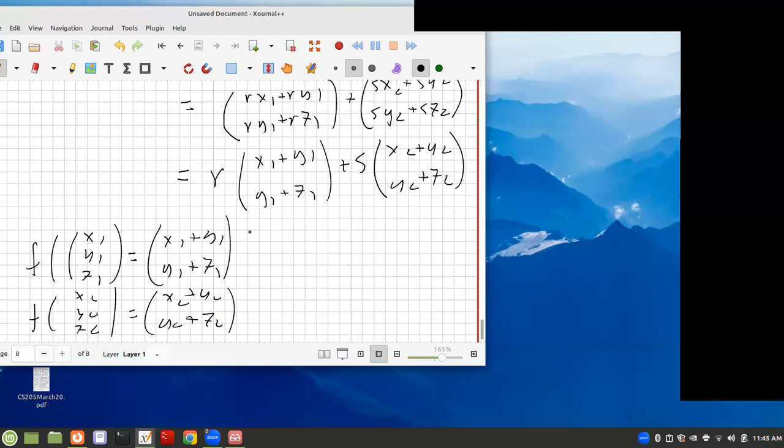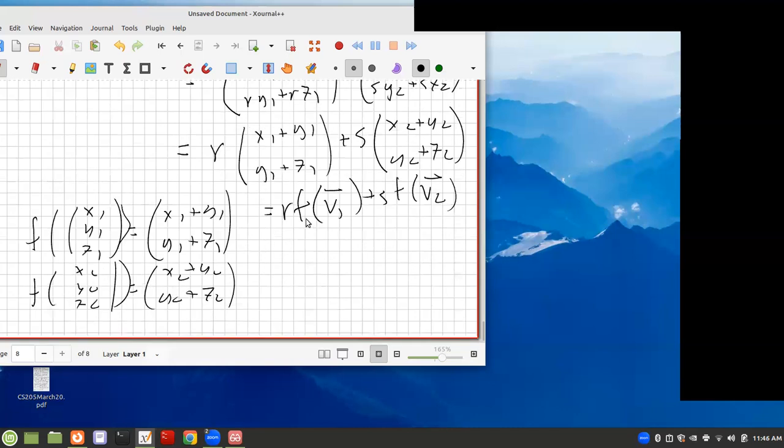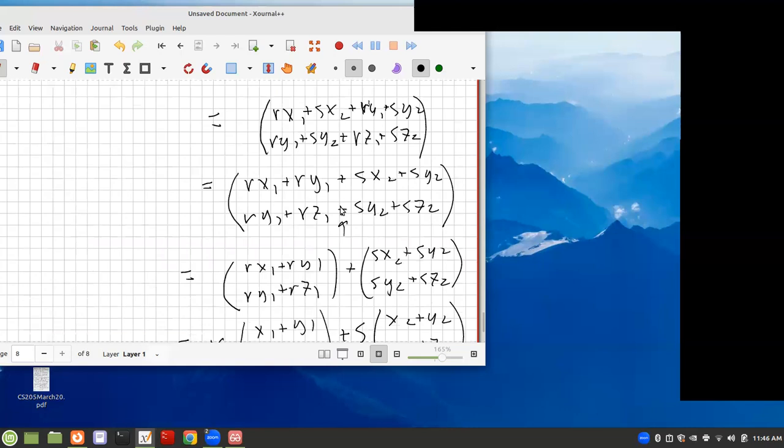So you can see here, this vector is the same as this. This is r times f of v1 plus s times f of v2. So this verifies it. I could have just started from these definitions and gone to the middle and shown they're both equal to the same thing. But this verifies that this map is linear.